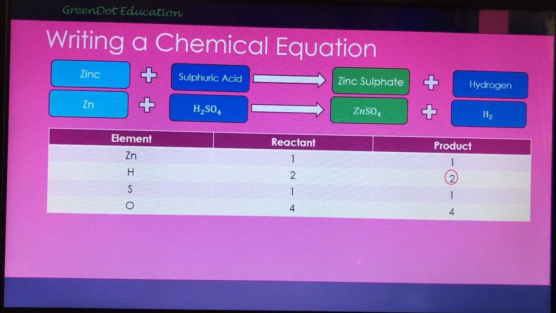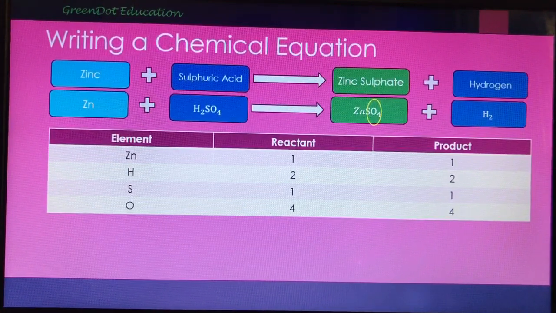product side. Now sulfur is represented by S, and it has only one atom on the reactant side, and similarly we can see that there is only one atom on the product side as well. Now the last element, that is oxygen. We can see that it has 4 atoms on the reactant side, and similarly looking at the product side we get the same number of atoms for oxygen.